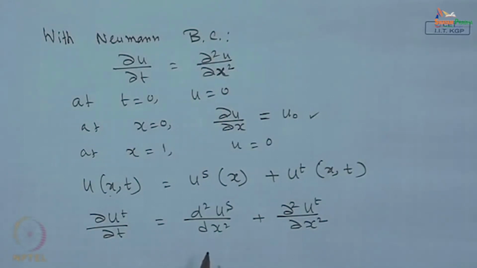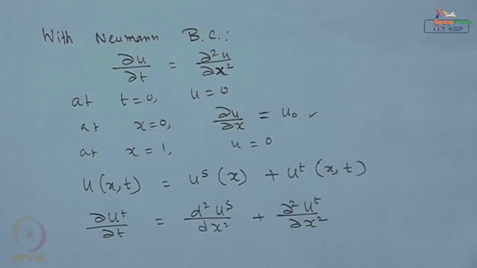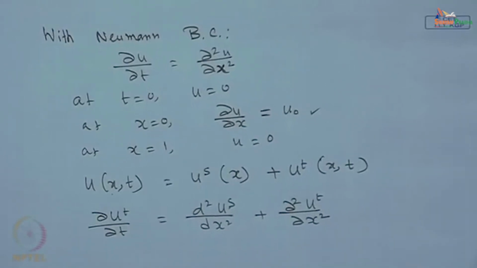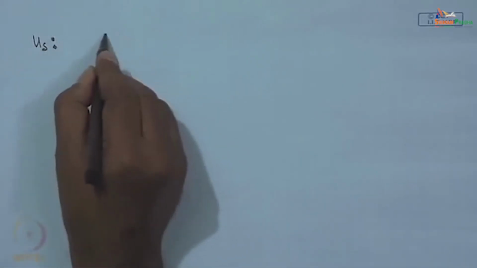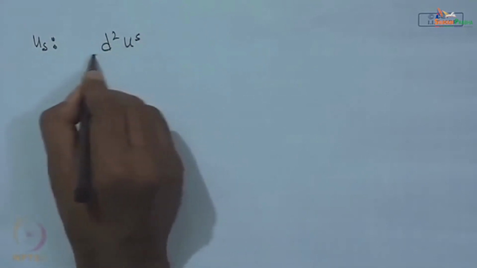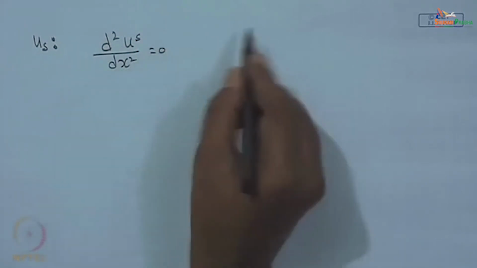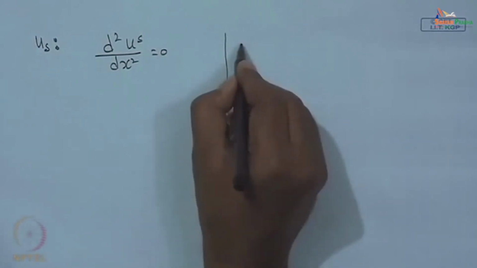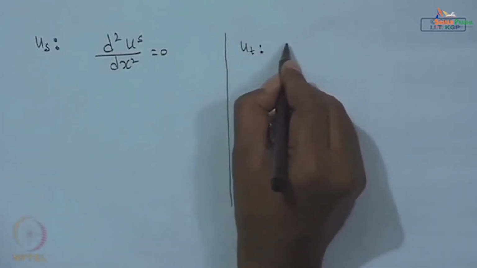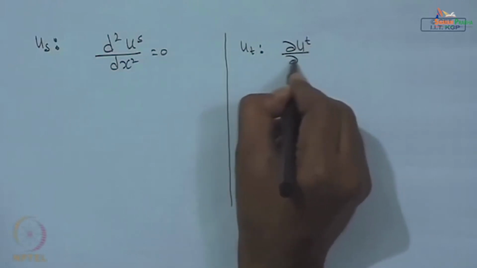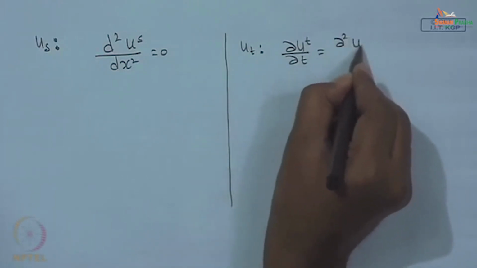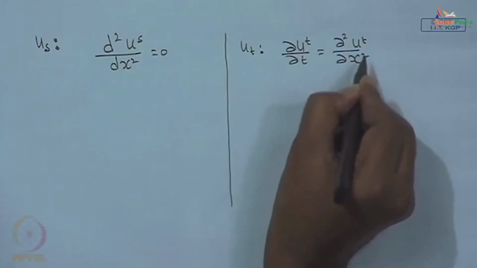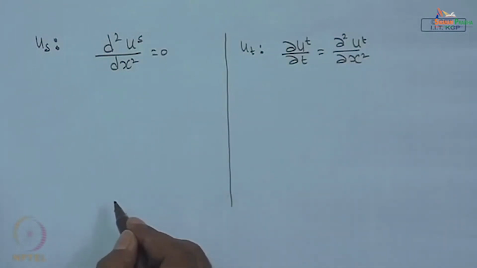Then we collect the similar order terms and formulate the governing equation of u s and u t. So, for u s, the governing equation is d square u s dx square is equal to 0, and for the governing equation of u t we will be having del u t del t is equal to del square u t del x square.